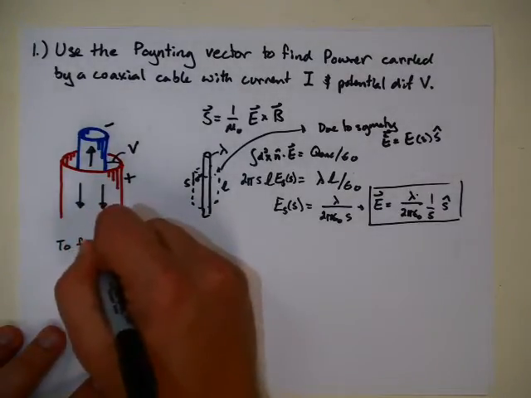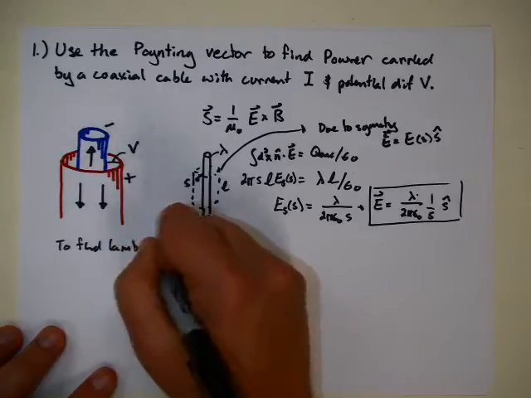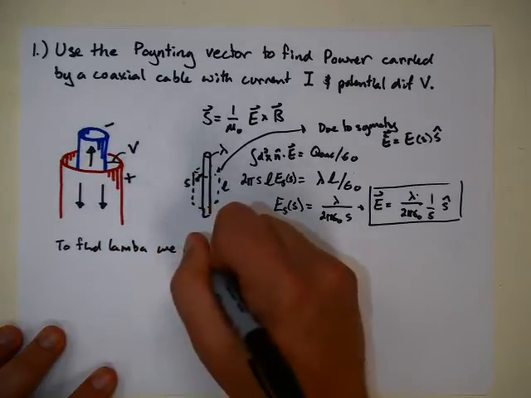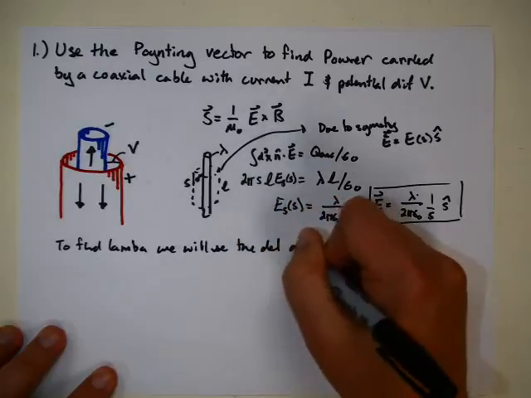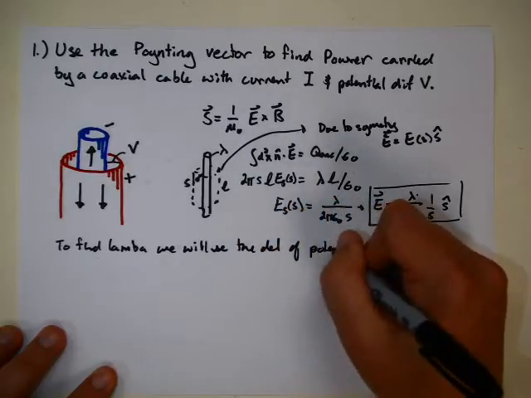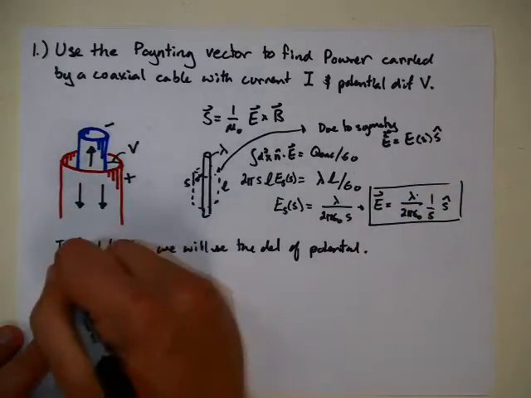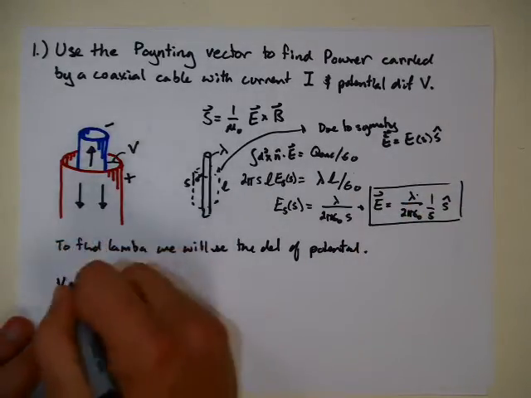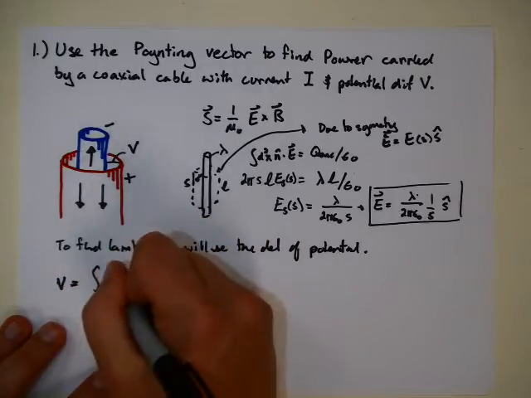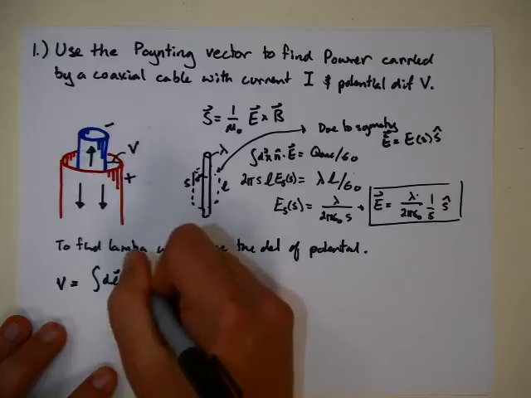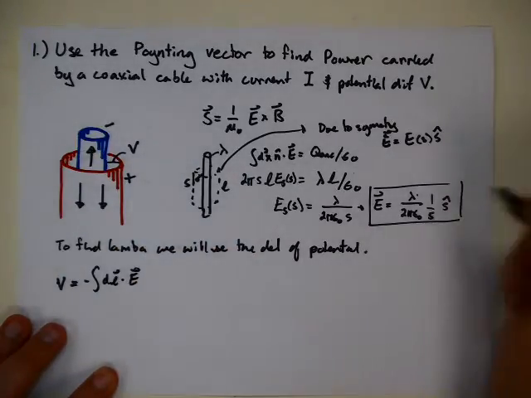To find lambda, we will use the definition of potential. We know that the potential difference between 2 points is equal to the integral between those points, dl dot the electric field, with a minus sign. And so that's what we're going to do.